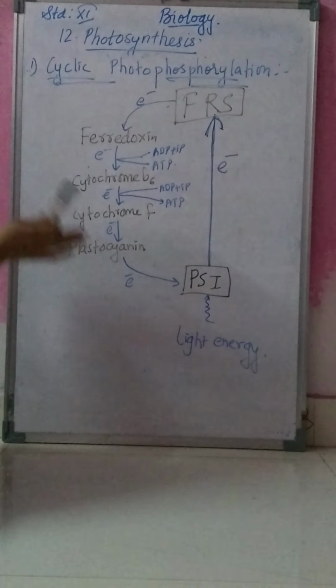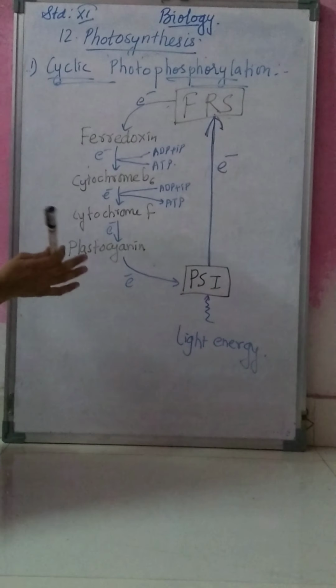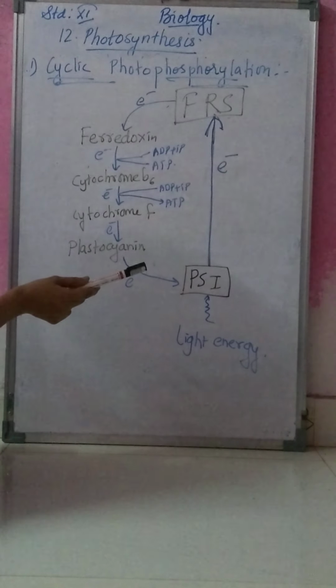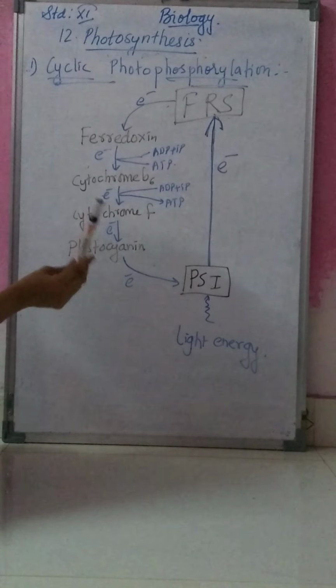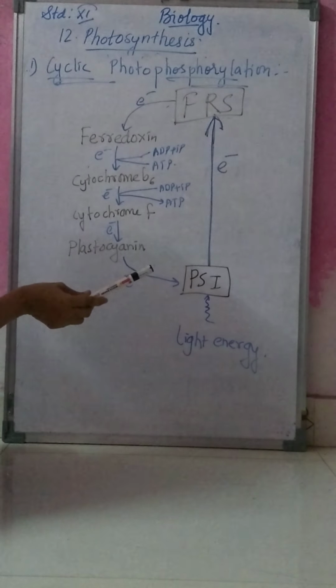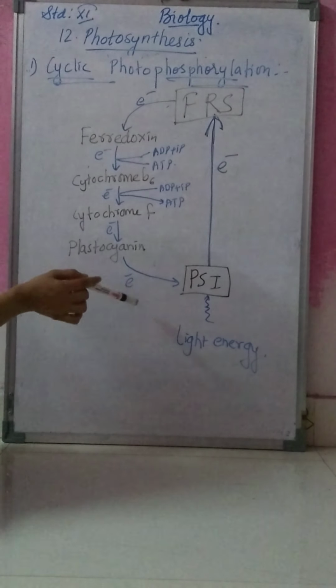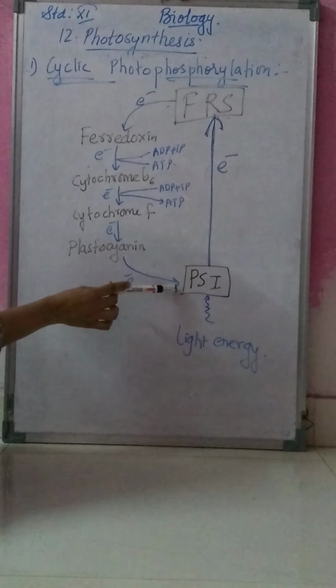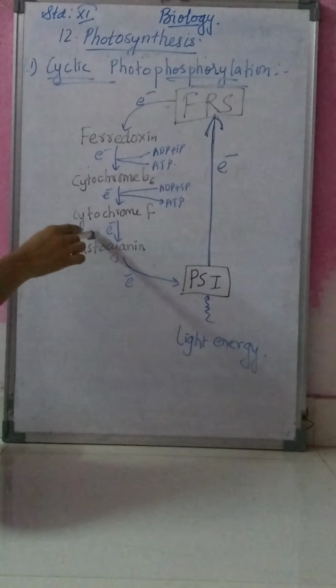What did I say? What is cyclic photophosphorylation? In cyclic photophosphorylation, the electrons which are emitted by photosystem 1 come back to photosystem 1 in a cyclic manner.